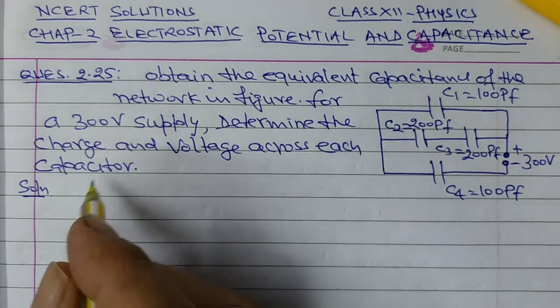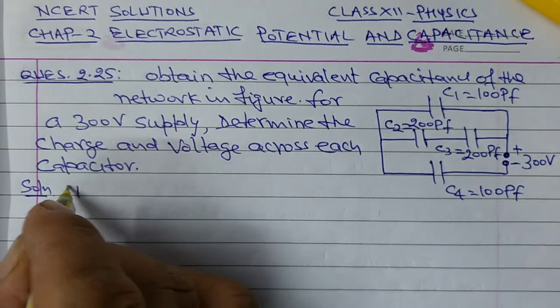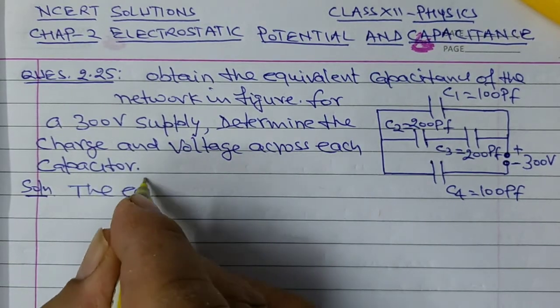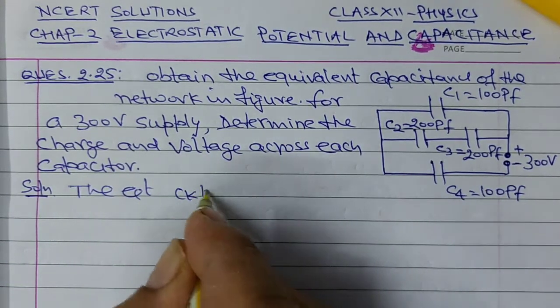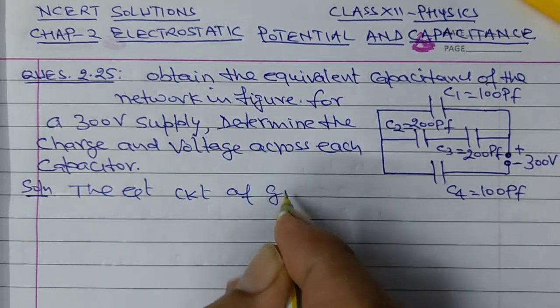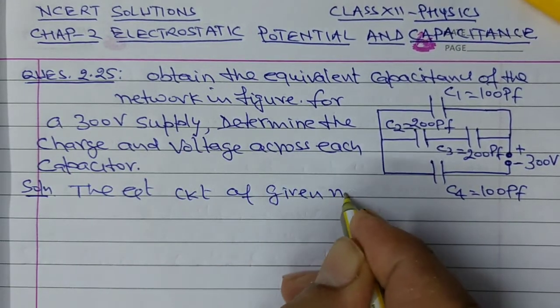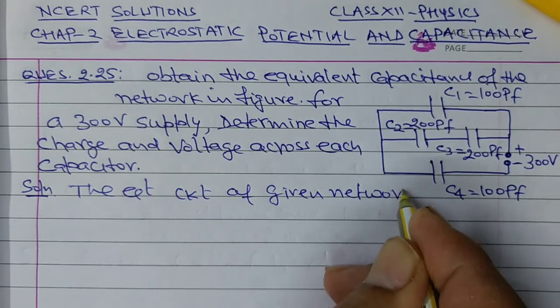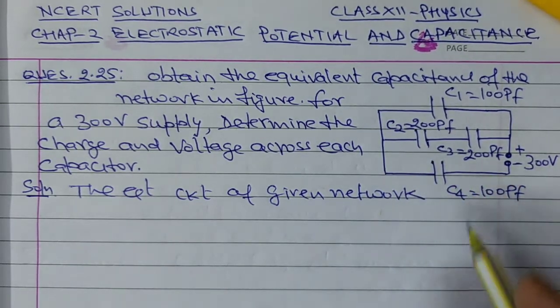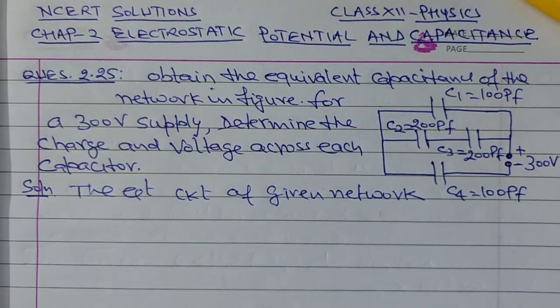Now, the equivalent circuit of given network. इस गिवन नेटवर्क का हम इक्विवेलेंट सर्किट बना सकते हैं.